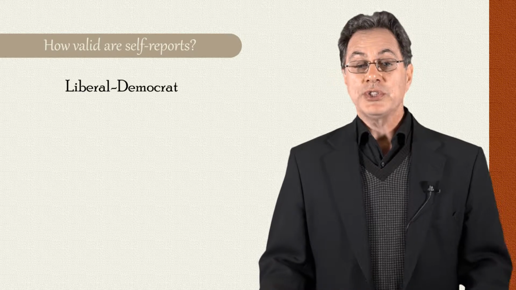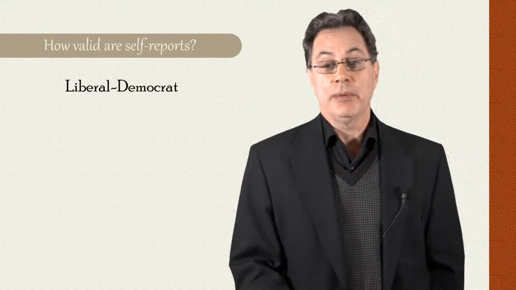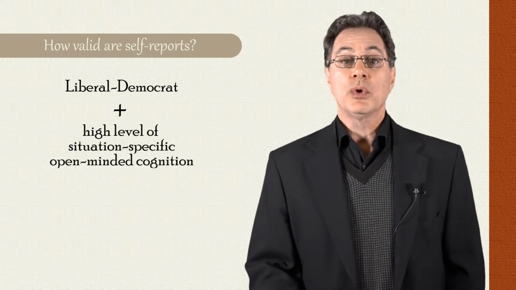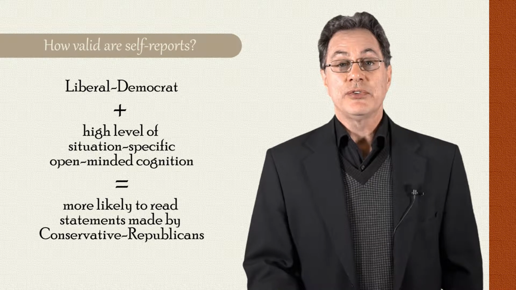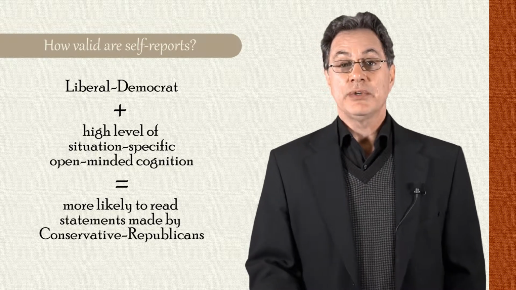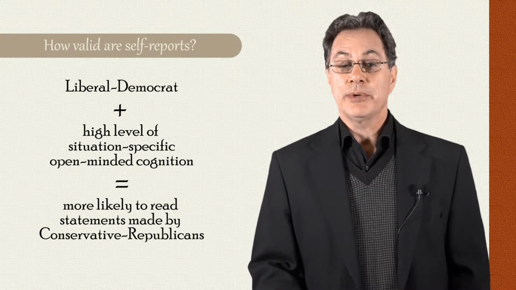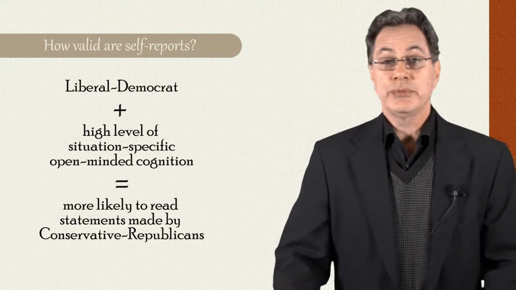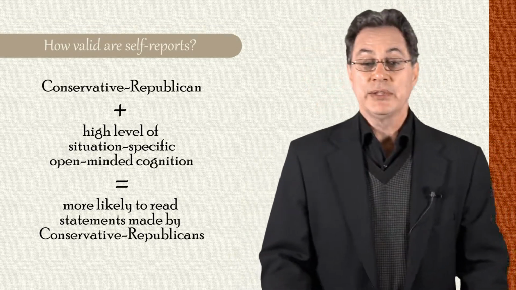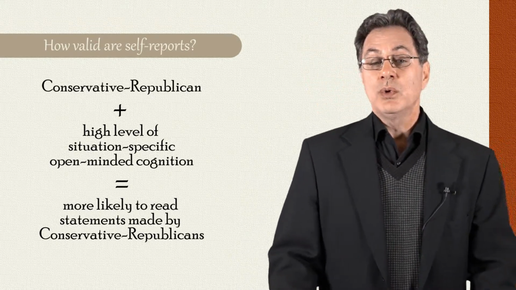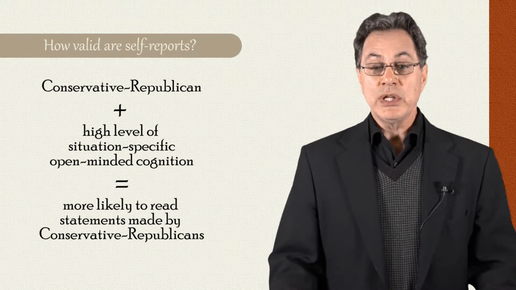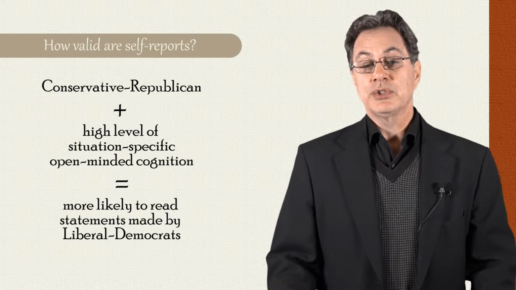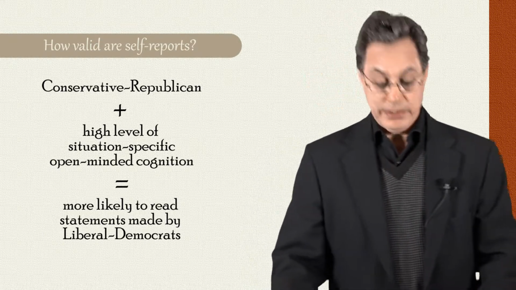For example, if we focus on liberal Democrats in this experiment, liberal Democrats who were high in open-minded cognition were more willing to read statements that had been constructed by conservative Republicans than were liberal Democrats who are low in open-minded cognition. Conversely, if we focus on conservative Republican participants in our experiment, conservative Republicans who are high in open-minded cognition were more willing to read statements provided by liberal Democrats than conservative Republicans that are low in open-minded cognition.